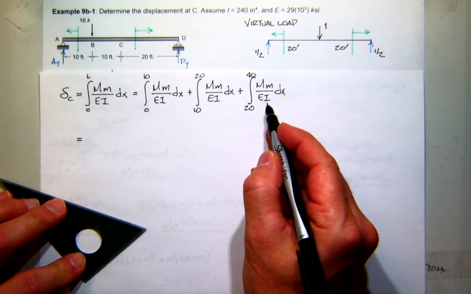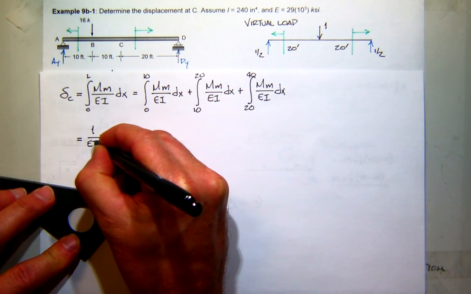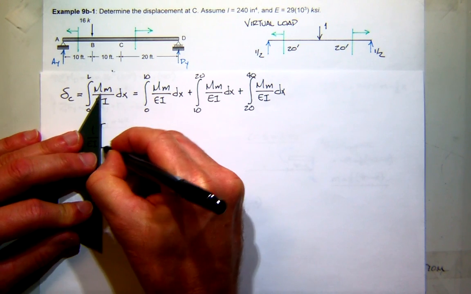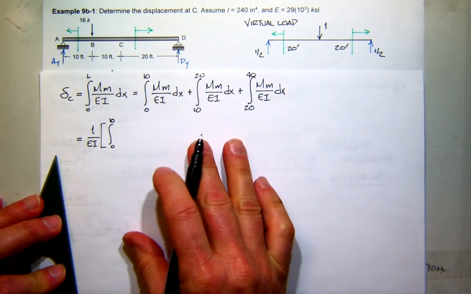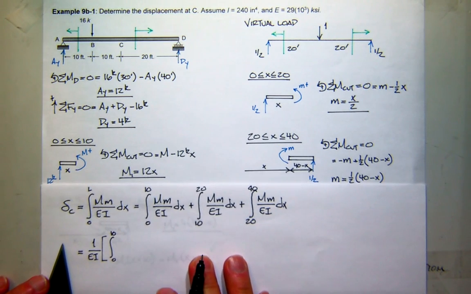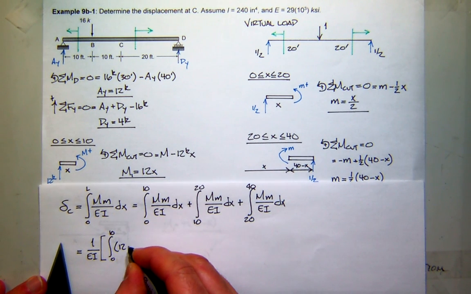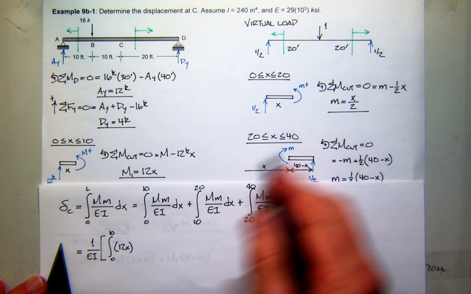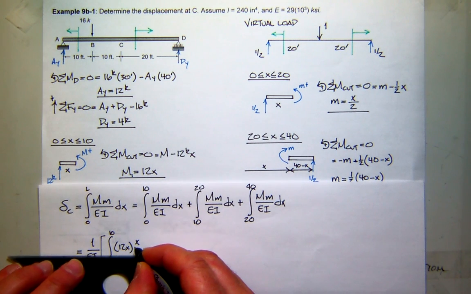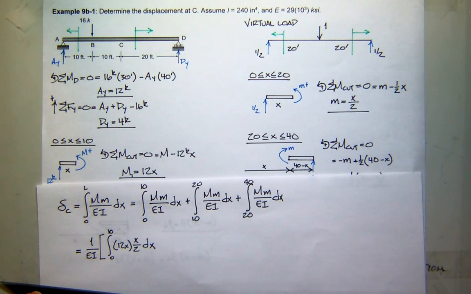They all have EI as a constant, so I'm just going to pull that out front. So the first one's going to be the integral from 0 to 10 of my real moment, which is 12x, times my virtual moment from 0 to 10, which is x over 2. Do I see that?